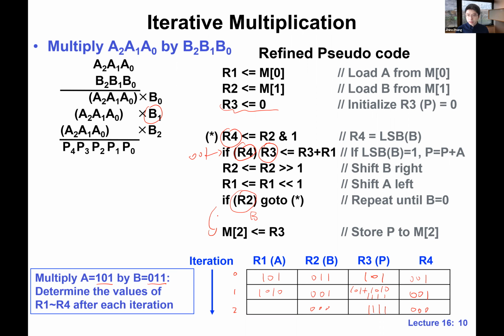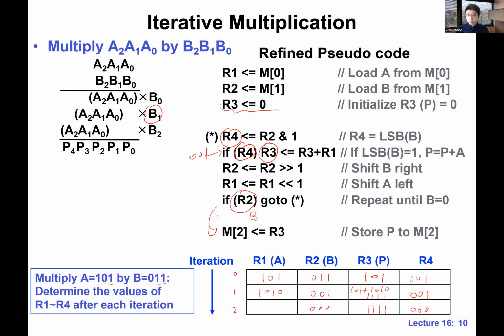This is where R2 is 0, 1, 1. What we want to get is the LSB, the least significant bit of R2 or B. So what we are doing is 0, 1, 1 and 1. Really, 1 here is 0, 0, 1, right?